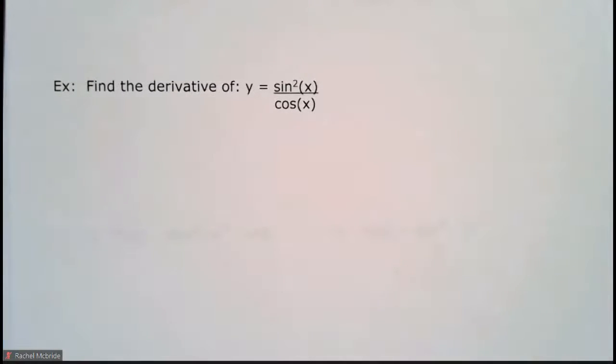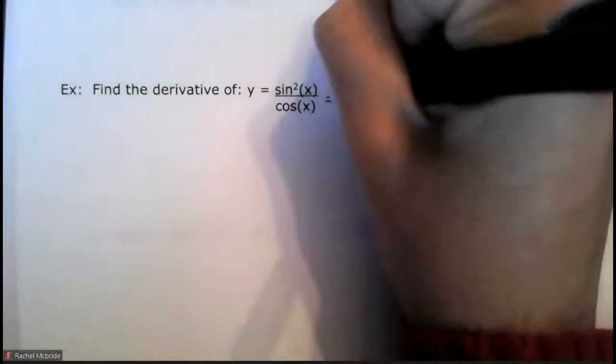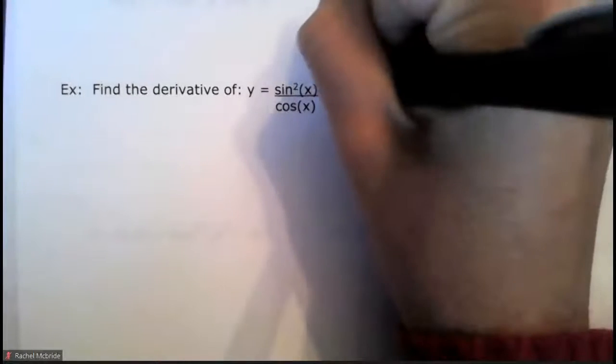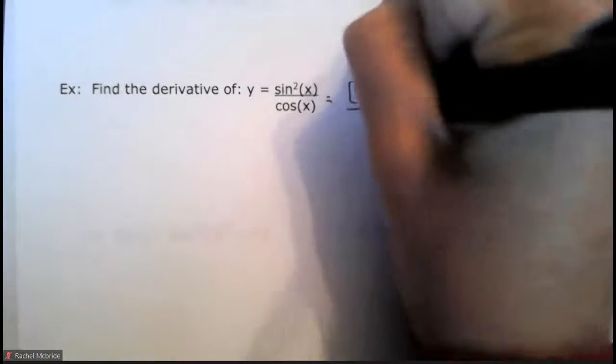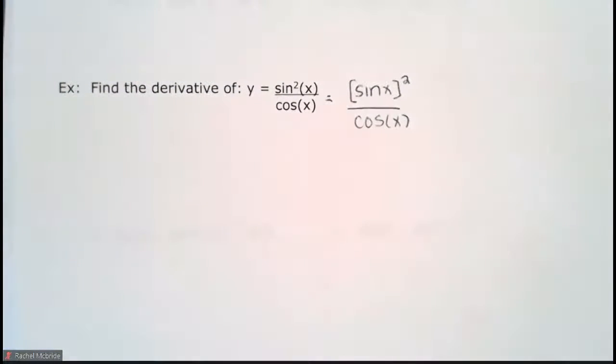Next up, so this is a quotient rule with a chain rule. So really this is the same as saying the sine of x squared over the cosine of x, and we're going to use the quotient rule.